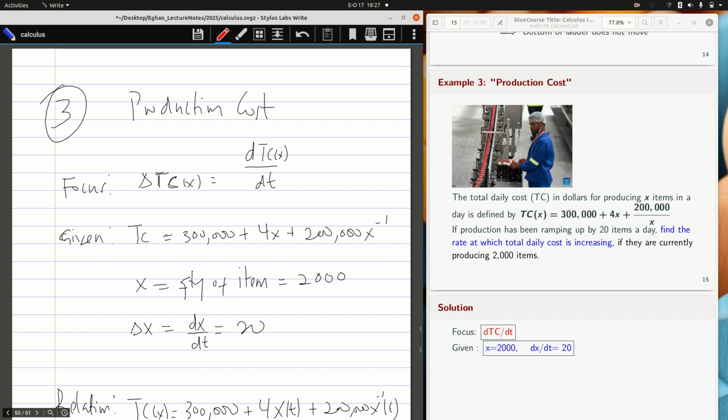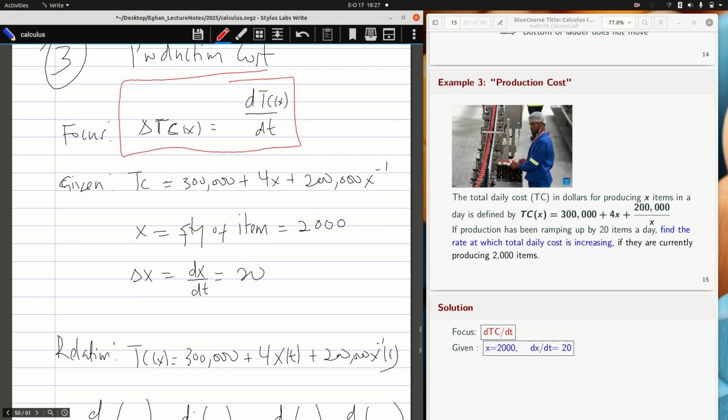If the production has been ramping up by 20 items a day, find the rate at which total daily cost is increasing, if they are currently producing at 200 items per day. The focus is to find a small change in the total cost of production. You must always know your focus before you even start working. And then ask yourself, what are the terms given?